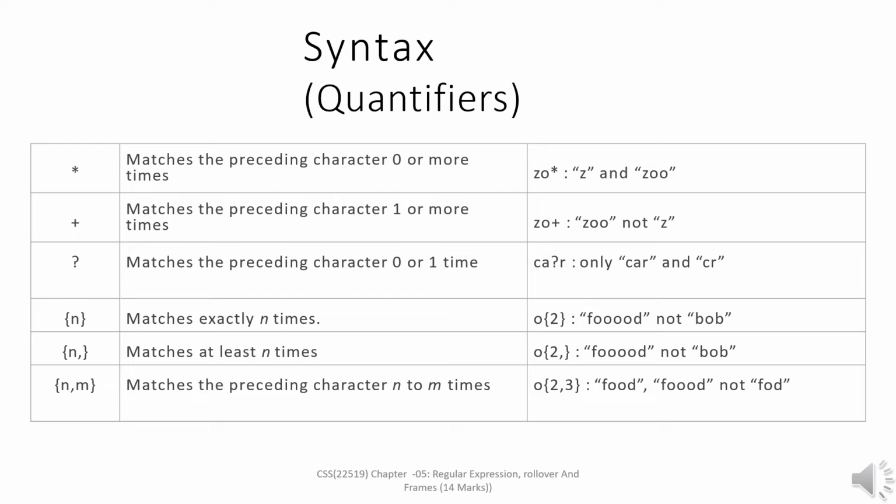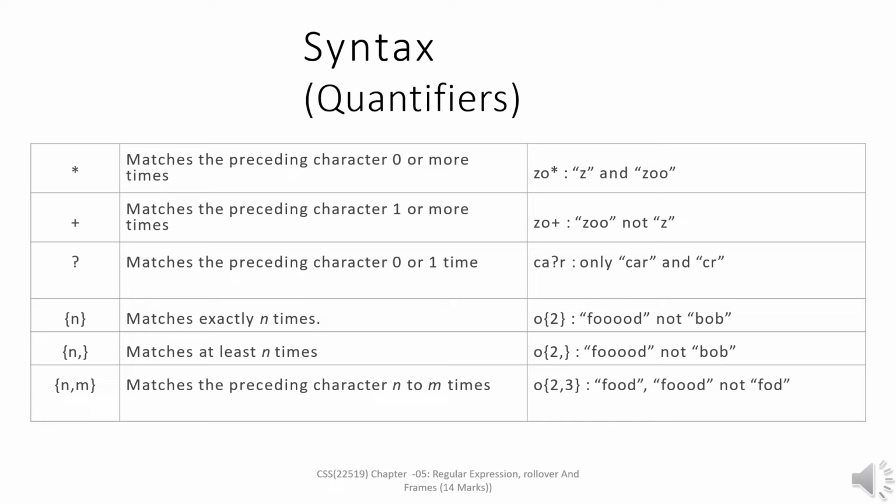So this is the syntax for quantifiers. Star, asterisk, matches the preceding character 0 or more times, for example zo* matches z and zoo. Plus matches the preceding character 1 or more times, zo+ matches zoo, not z. Question mark matches the preceding character 0 or 1 time, for example ca?r matches only car and cr.